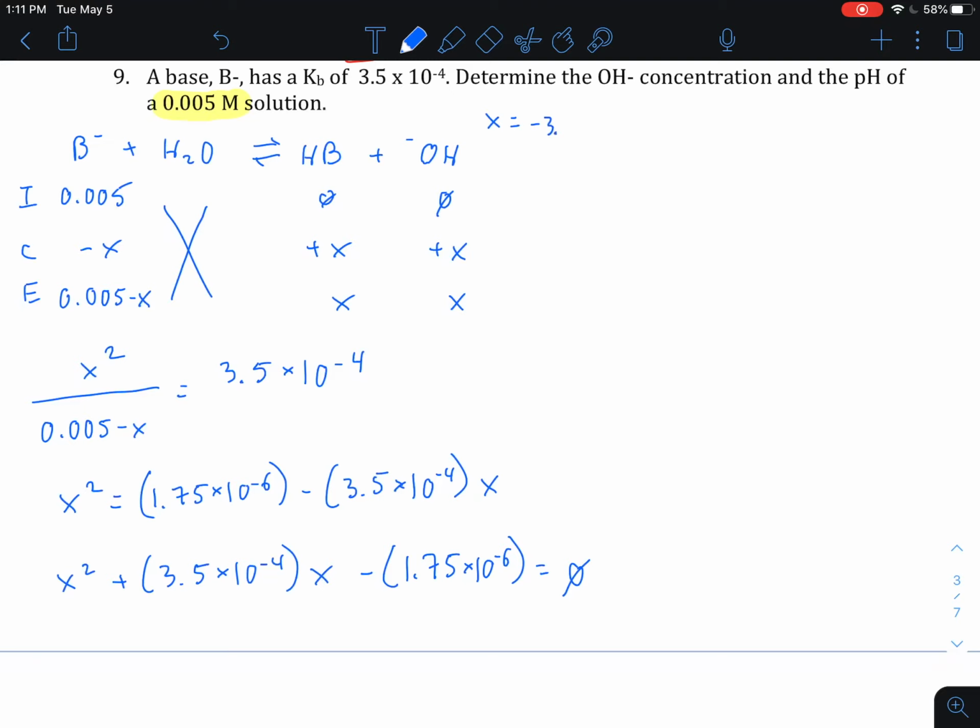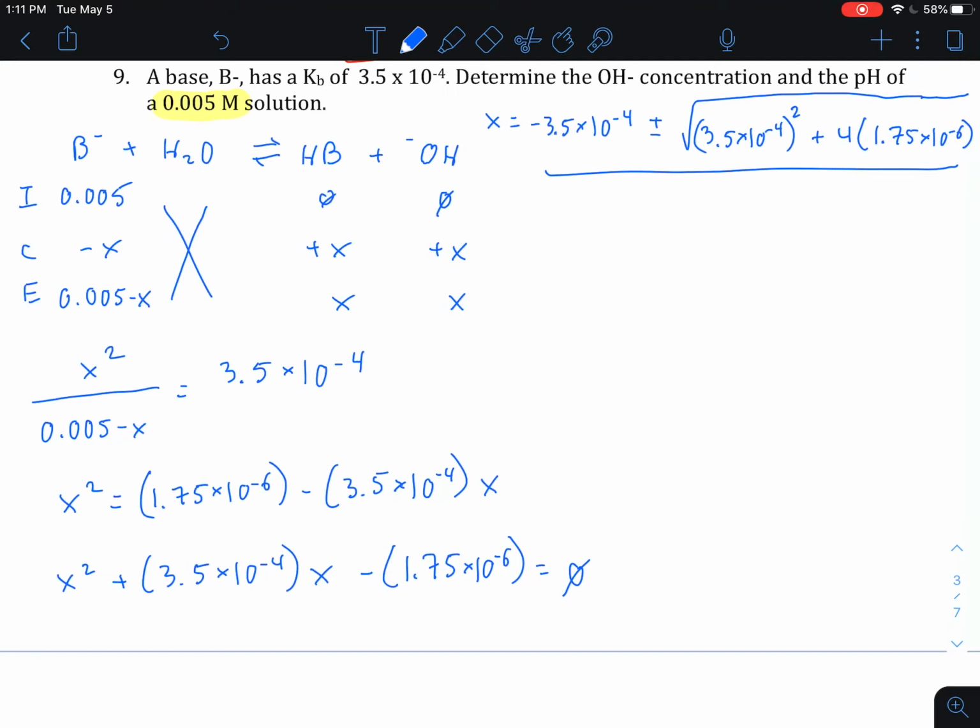All right. x equals negative 3.5 times 10 to the negative 4 plus or minus the square root of 3.5 times 10 to the negative 4 squared plus 4 times 1.75 times 10 to the negative 6, all over 2 times 1.